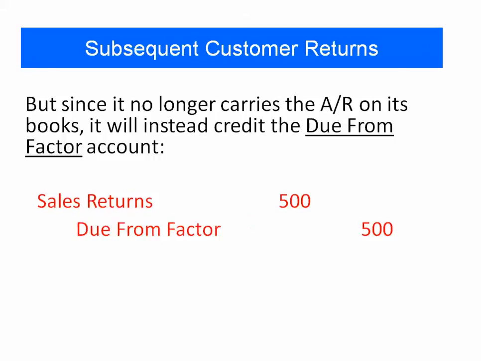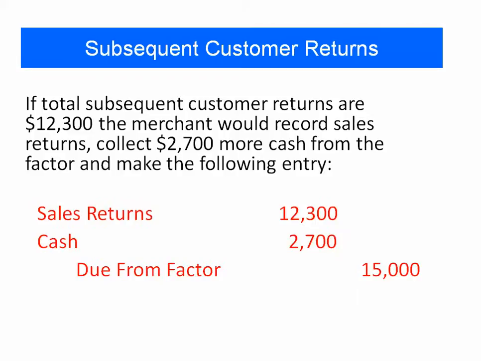But now, since the merchant no longer carries the receivable on its books, it will instead credit the account due from factor for $500. In other words, this is $500 less that the finance company will owe us down the road.